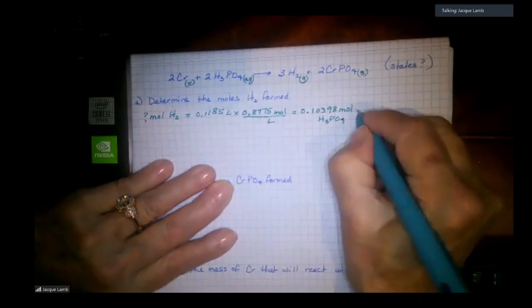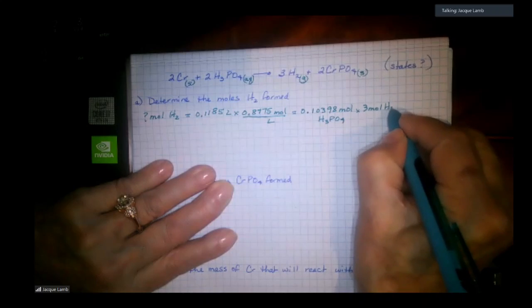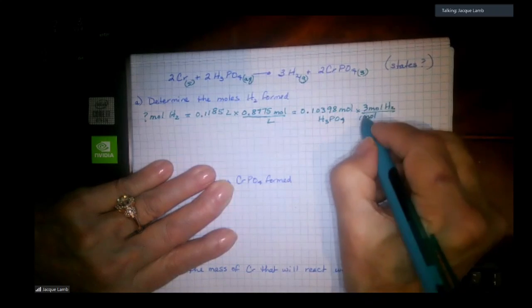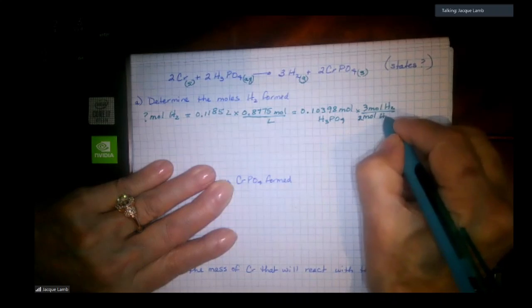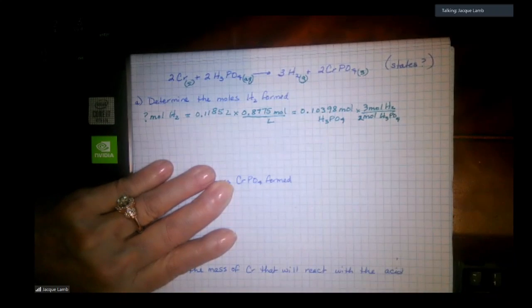And I have 3 moles of H2 per 2 moles of H3PO4. So it's 3 to 2.